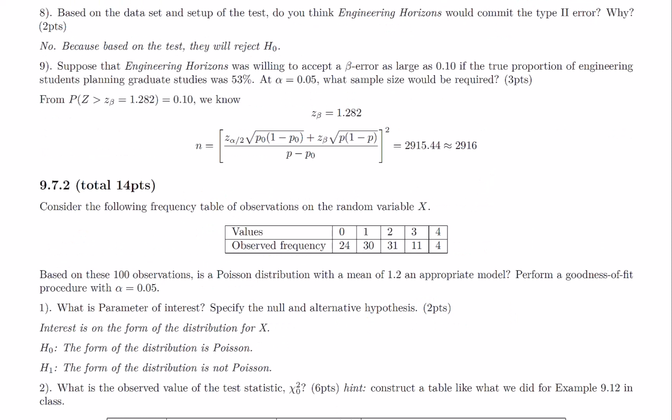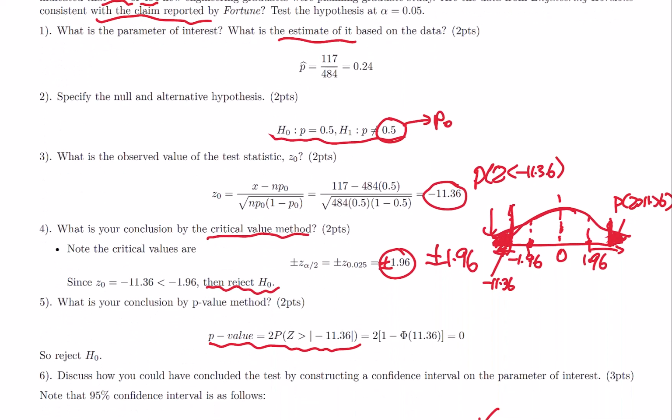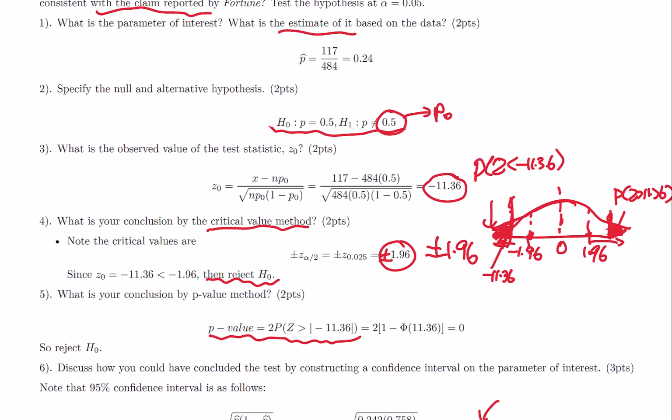All right, and for part 8, do you think engineering horizon would commit a type 2 error? Why? This one, we need to understand the whole logic of hypothesis, right? Think about what is our conclusion. Our conclusion is reject the null hypothesis.